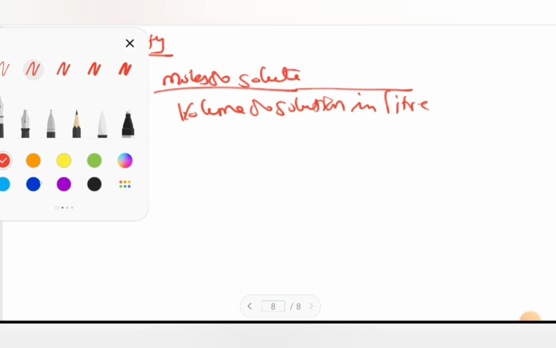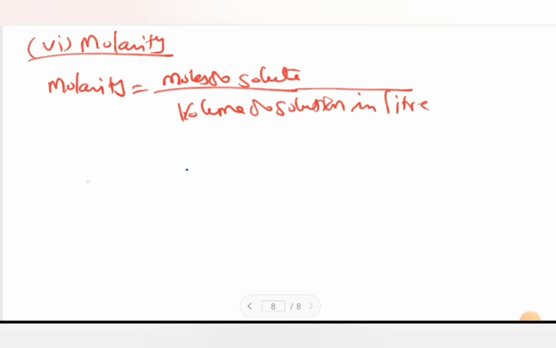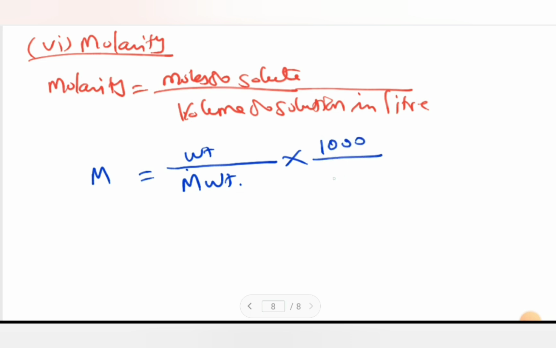concrete formula, right? So note down this formula. Capital M, molarity, is equal to, this is the simplest formula, weight of the solute divided by molecular weight of the solute multiplied by 1000 divided by volume of the solution required.